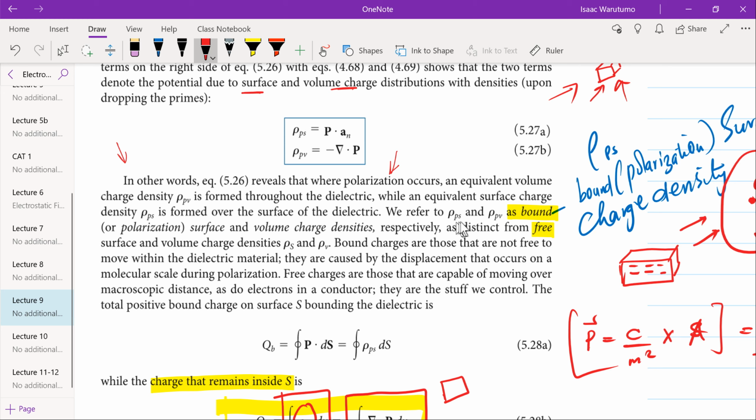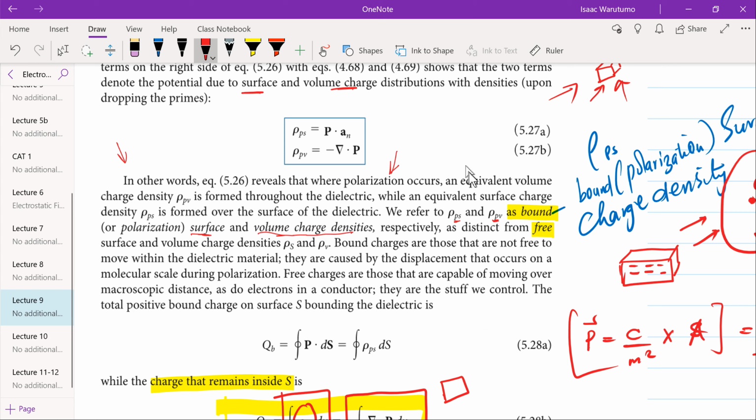And we referred to the surface charge density rho PS and the volume charge density rho PV as bound surface charge and volume charge densities respectively.